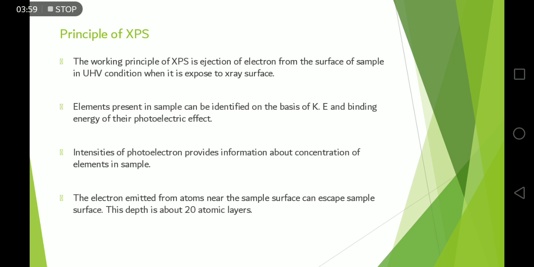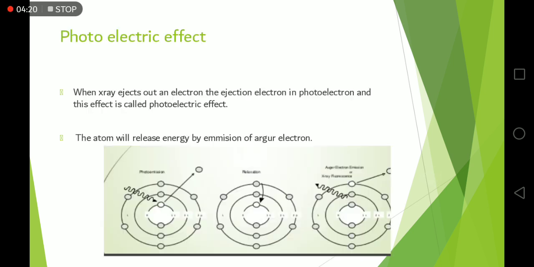The electrons emitted from atoms near the sample surface can escape the sample surface. This depth is about 20 atomic layers, which is why XPS is a surface sensitive quantitative technique.